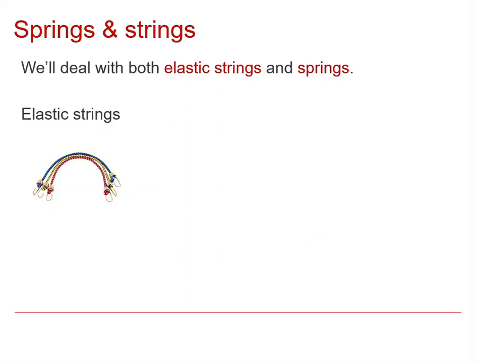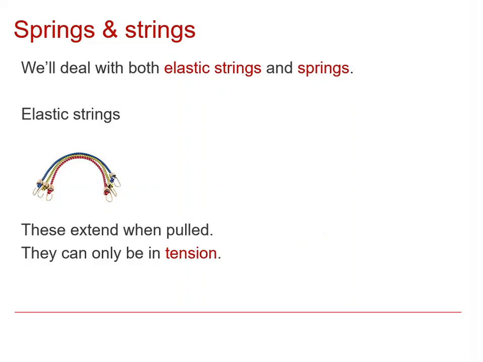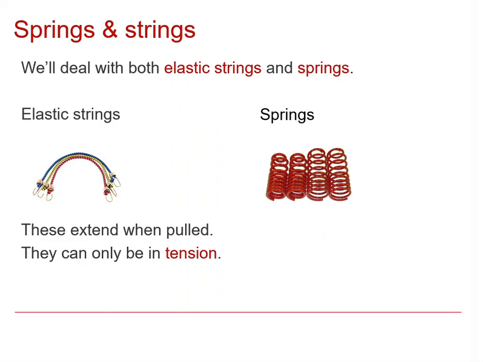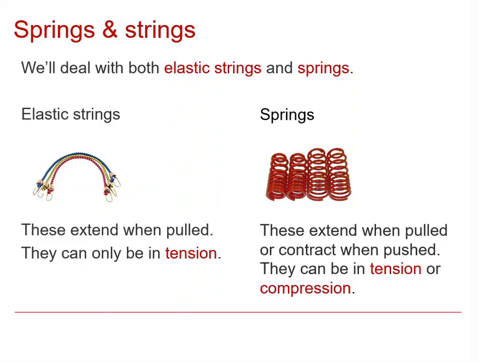For a string, you've got tension only when the string is extended. But for a spring, you'll have both tension when it's stretched and compression when it's, believe it or not, compressed. So the idea of a string and a spring has a special meaning in mathematics which won't always correspond exactly to the use in the everyday world.